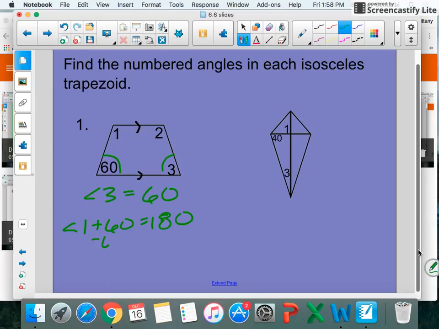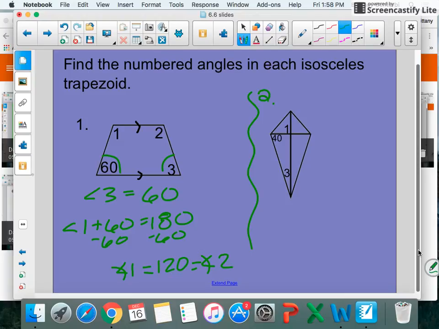I'm going to subtract 60 from both sides, so I get angle 1 equals 120 degrees. That is also going to be the measurement for angle 2, because those are the base angles that are congruent.